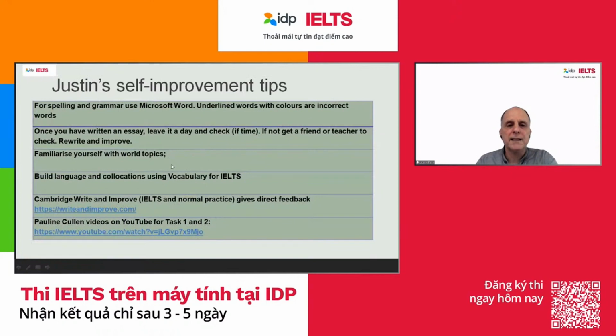Now, some of my ideas for self-improving. Many of you are doing the IELTS test soon. Those who are doing the computer-based test, while you're practicing at home, remember Microsoft Word.